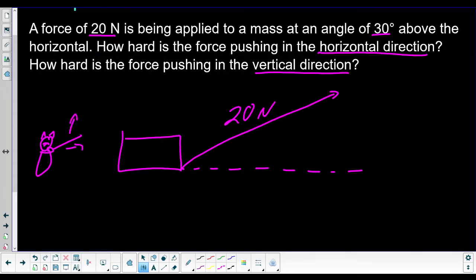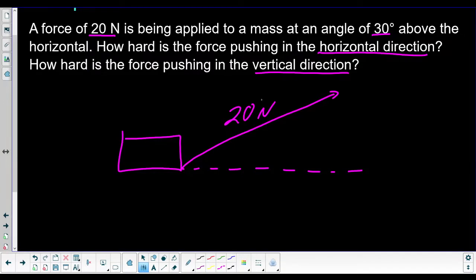So it's important for us to know both strengths, right? Because if you pull too much up, you're going to kill your cat and hang it. If you pull too sideways, you'll drag your cat. I don't really know how you walk cats, but regardless, it's important to know both of them, right?